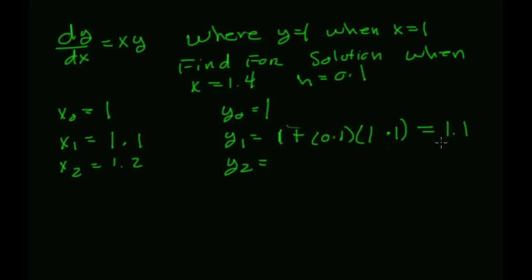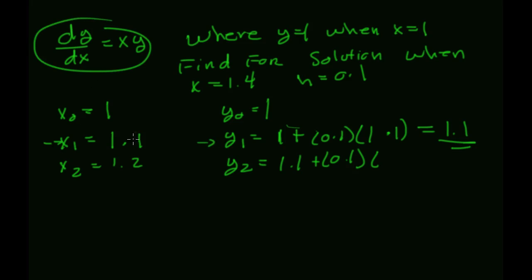So y2 is now the last value, 1.1, plus the step size times the derivative at the previous x value and y value. The previous x value is 1.1. The previous y value is 1.1.